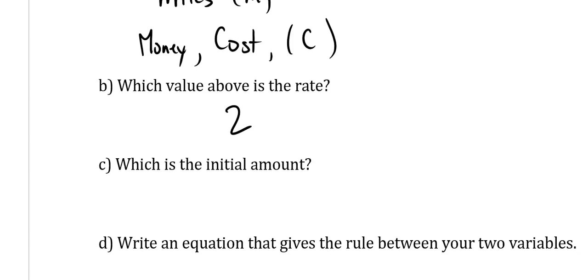What's the initial amount? Kaden? Yeah, 5. And if I want to add units, this would be dollars per mile. And as Kaden said, this one would be $5. I don't know that you need units there, but if you were, then you could think about that too.